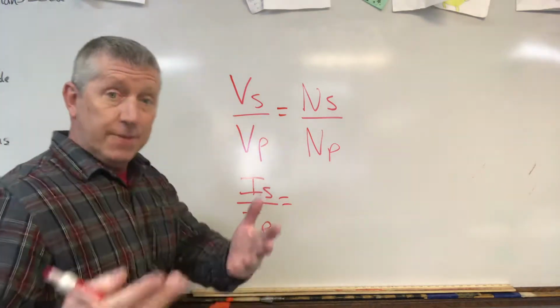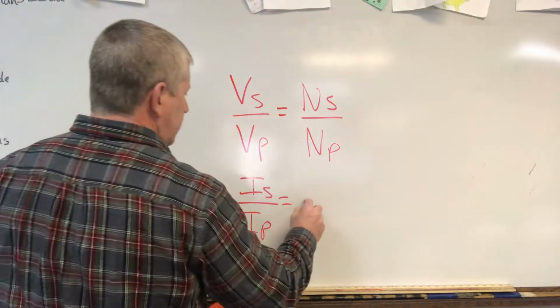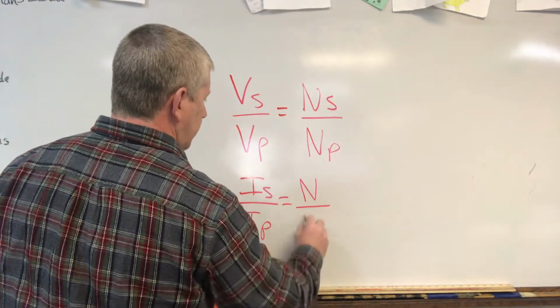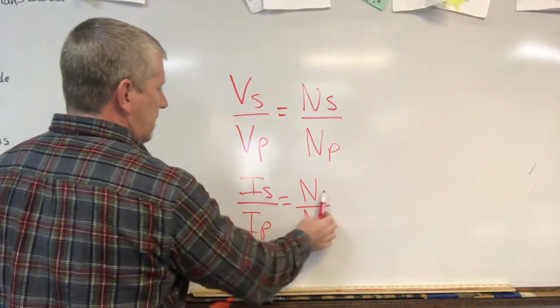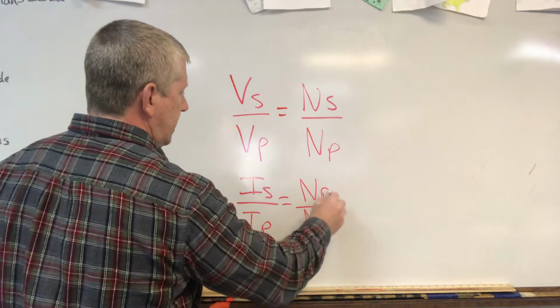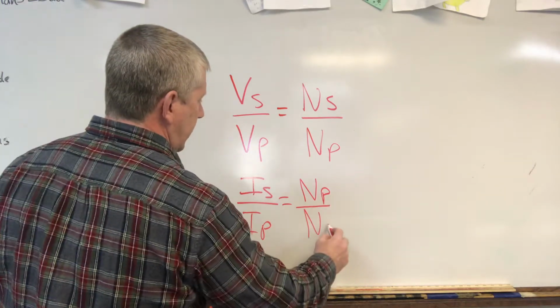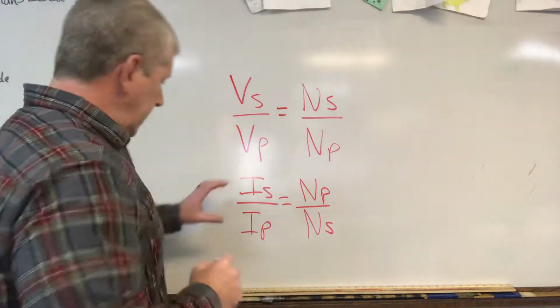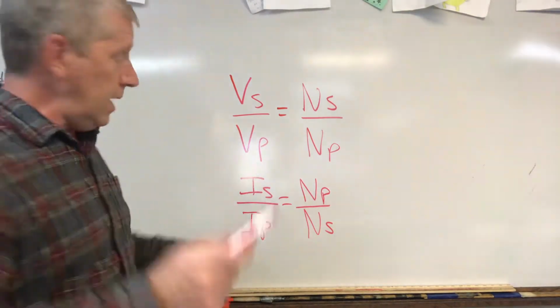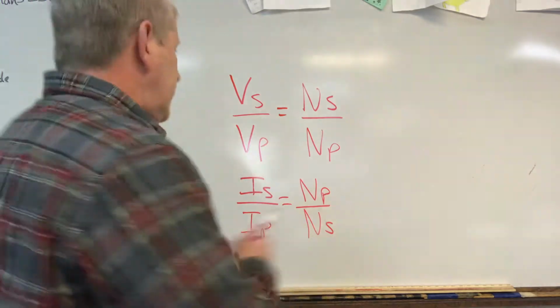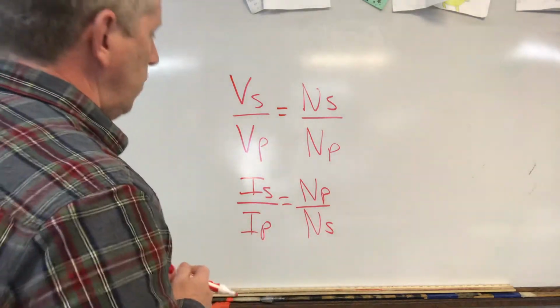We can also relate this to the number of loops. But this time, with the loops, we don't go S and S. No, it flips. It's S and P, and then N and S. So with the current, the P's and the S's flip for the coils.